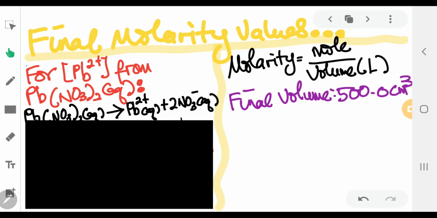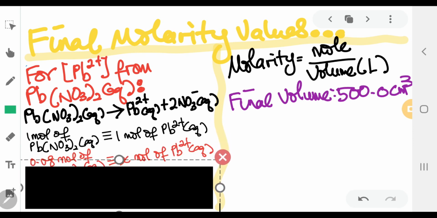So right here, the concentration of Pb2 plus, we get it from PbNO32 aqueous. Also, this is a very soluble salt, so it will go to completion, and 1 mole of this salt will be producing 1 mole of Pb2 plus, as you can see from the balanced equation.